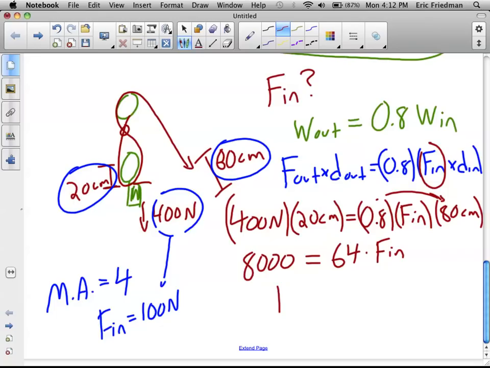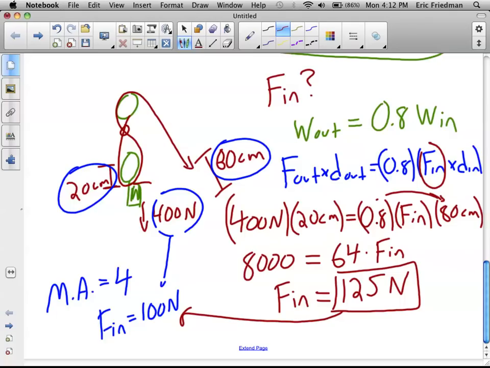All right, so my force in, and just doing this on the calculator just to make sure, it's going to be 125 newtons. So that's more force as compared to that. Why? Because my efficiency wasn't 100%. So that's how you do efficiency problems.